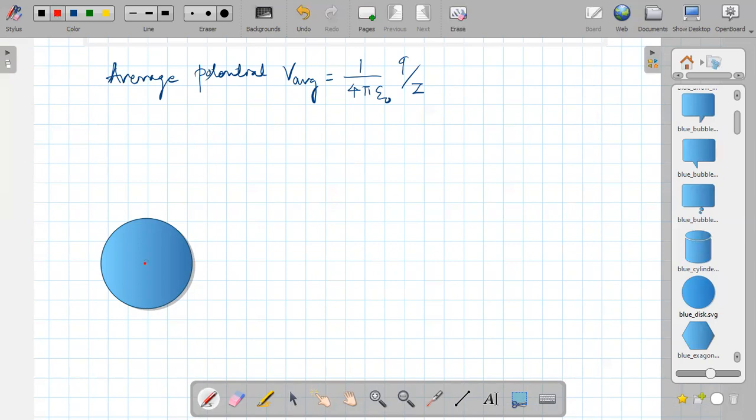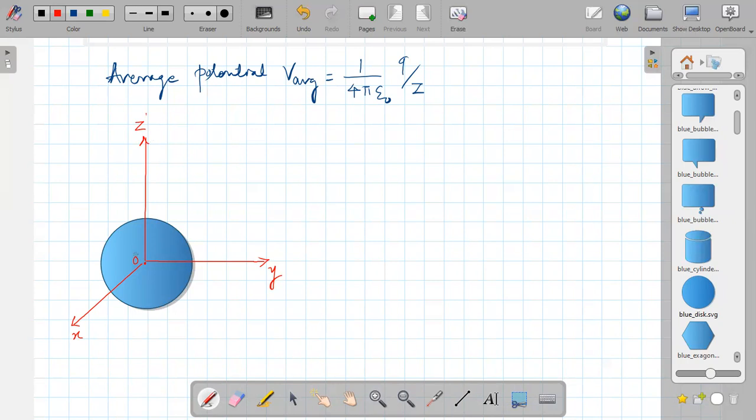Then this is your x-axis, y-axis, then this is z-axis, and origin, say O. Origin means the intersection of x-axis, y-axis, and z-axis.